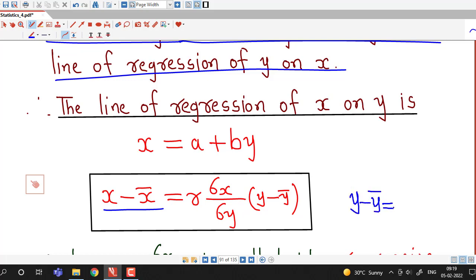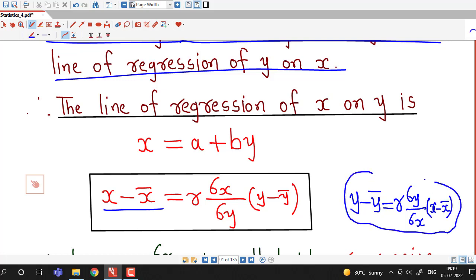We have seen that the line of regression of y on x is given by r times sigma y by sigma x times x minus x bar. So in this equation we interchange x and y to write down the line of regression of x on y.